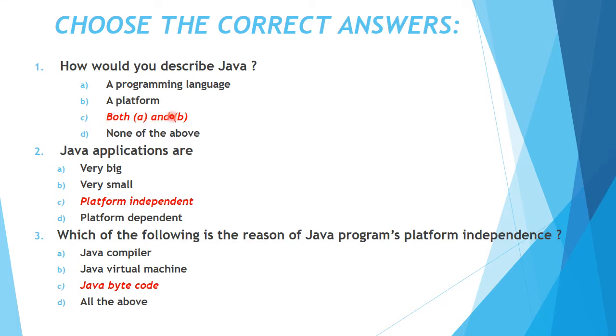Means only one answer will be correct. But in a multiple choice question, there will be two correct answers. Okay, and you have to choose both correct answers. Otherwise, you will score only half marks. Half marks means what will be the weightage of that question? You will score only half of that weightage.